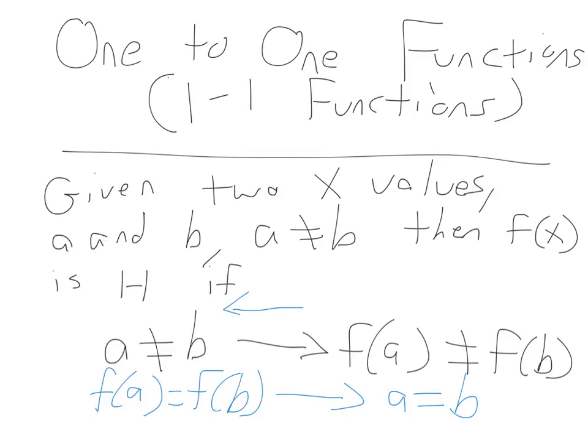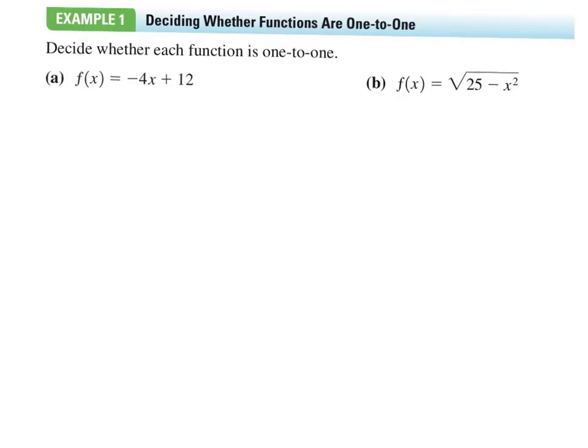For instance, the y values being not equal does not imply that the x values are also not equal. Likewise, the x values being equal does not imply that the y values are equal. It only works one way on each of these. I have a couple of examples on the next slide to illustrate this.